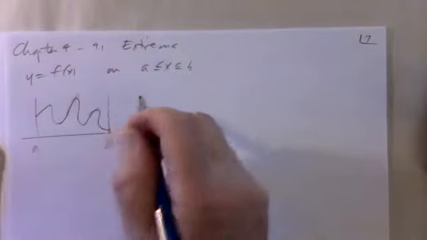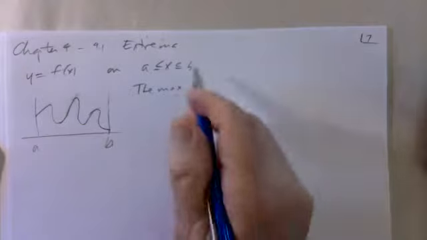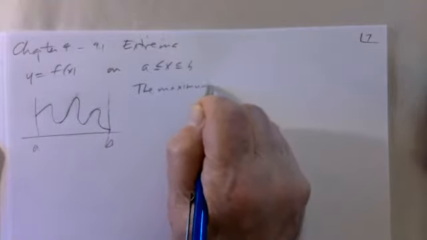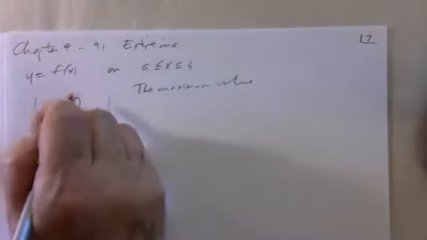So if you look at the function on this interval, the maximum value, so this is the graph of y equals f of x, occurs right here.